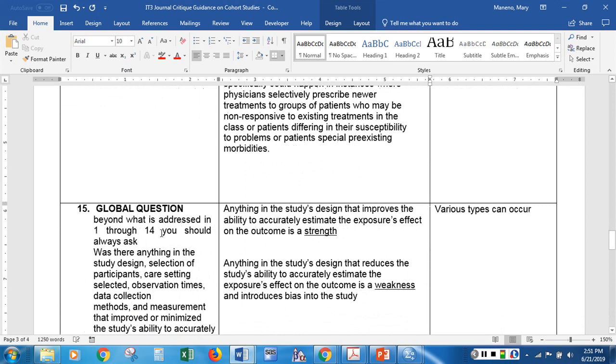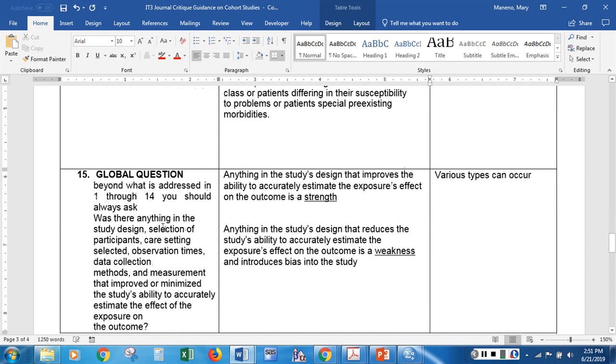Beyond what is addressed in numbers 1 through 14, do you see anything in the study design, selection of participants, care setting selected, observation times, data collection methods, and measurement that either improved or minimized the study's ability to accurately estimate the effect of the exposure on the outcome?